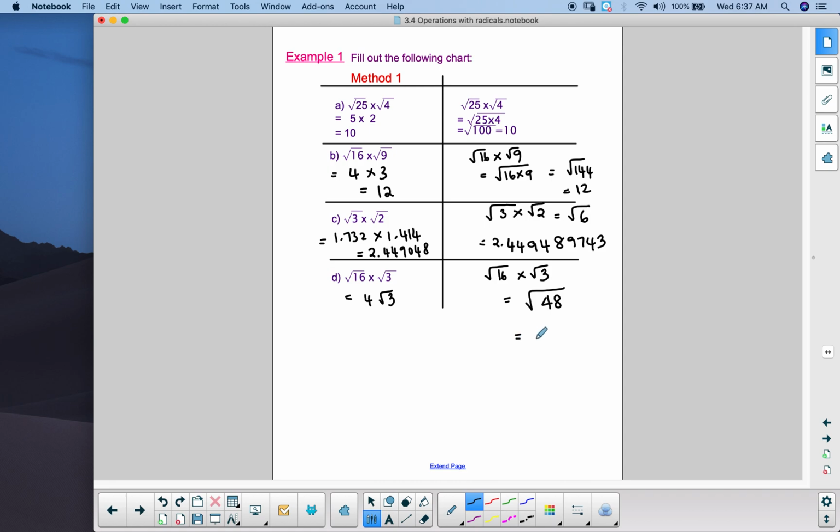And you can rewrite 48 as the product of 4 times 4 times 3. 4 fours are 16 times 3 is 48. So then you can take the square root of 4 times 4, times root of 3. This is the square root of 16, which is 4 root 3. So it works out to the same answer. Okay.